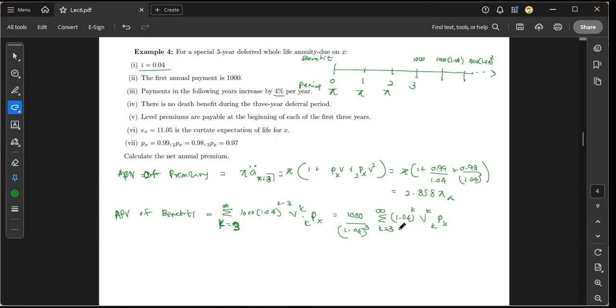So I can write down this part again as this, and then this will be cancelled out. The final version will be the summation from 3 to infinity of these probabilities.